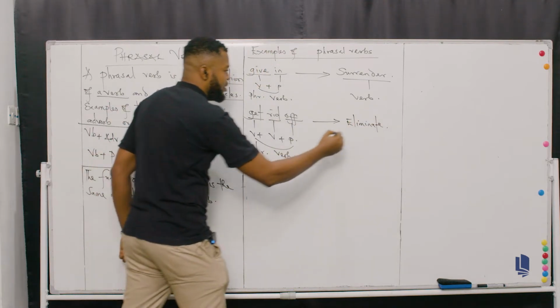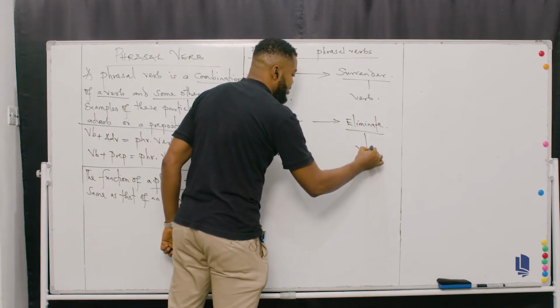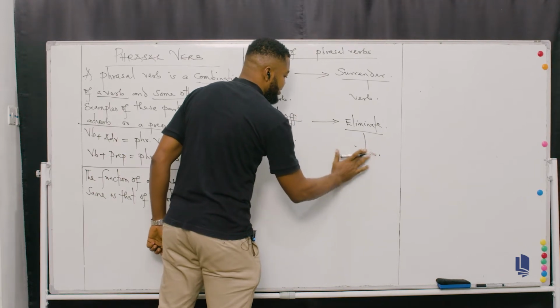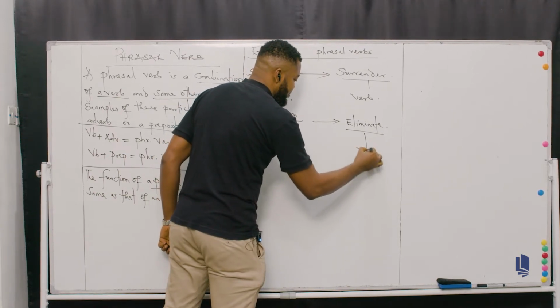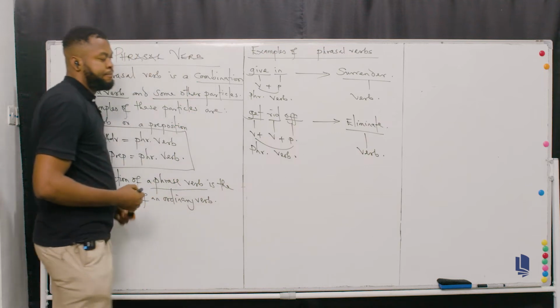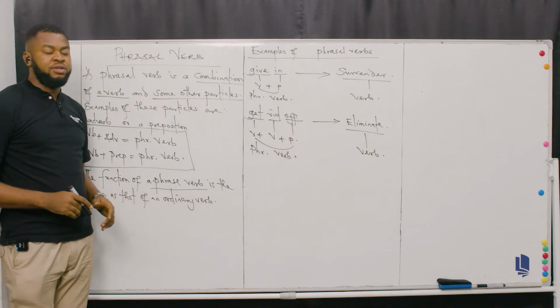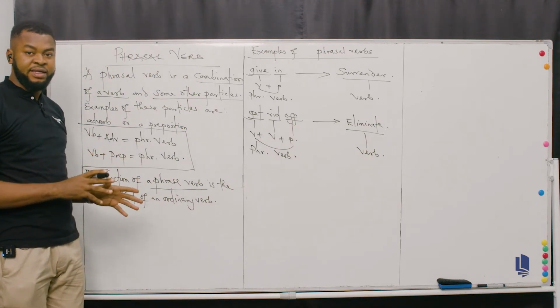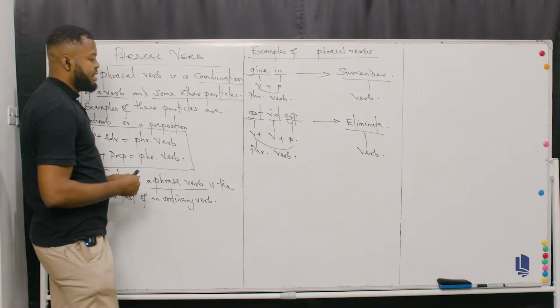as you can see. And what's the eliminate aspect of this? This is an ordinary verb. Don't forget. So I hope you can understand the analysis behind this. And let's take more.